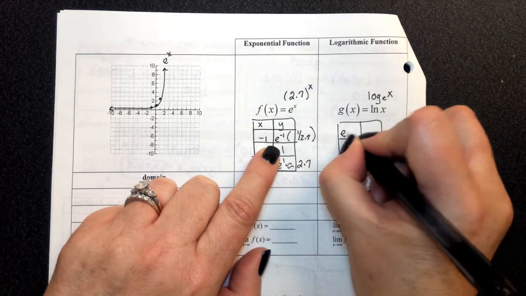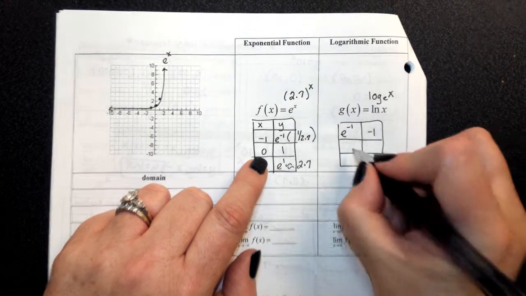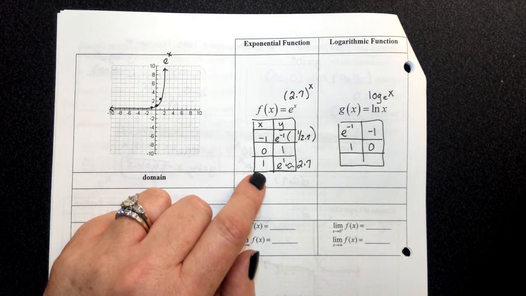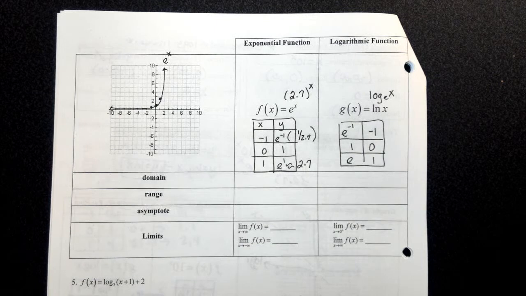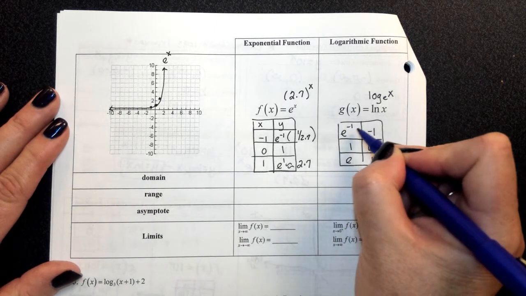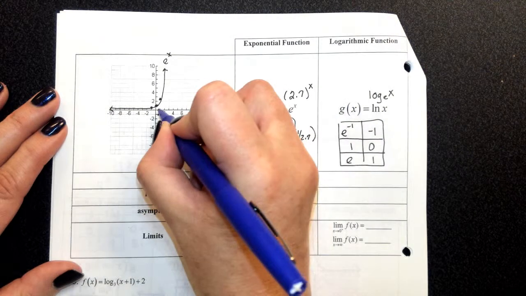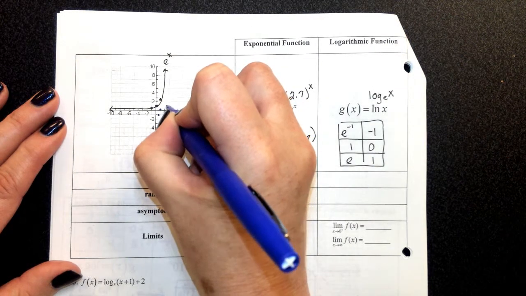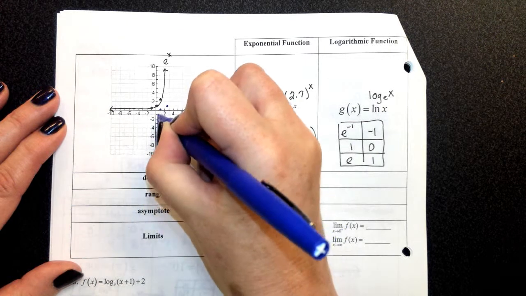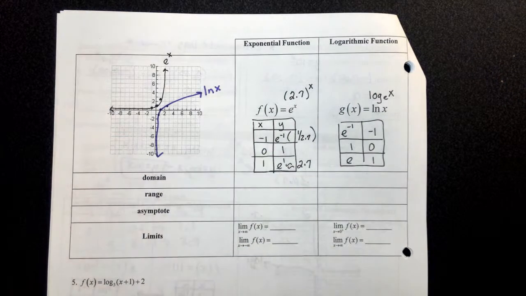So that's going to be e to the negative first, negative 1. 0, 1 will go to 1, 0. 1, e will go to e, 1. Again, that e to the negative first is a fraction between 0 and 1, negative 1; 1, 0; and then about 2.71. So there's your graph of natural log of x.